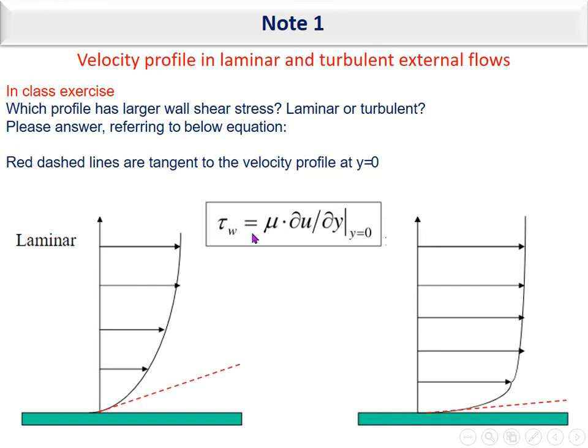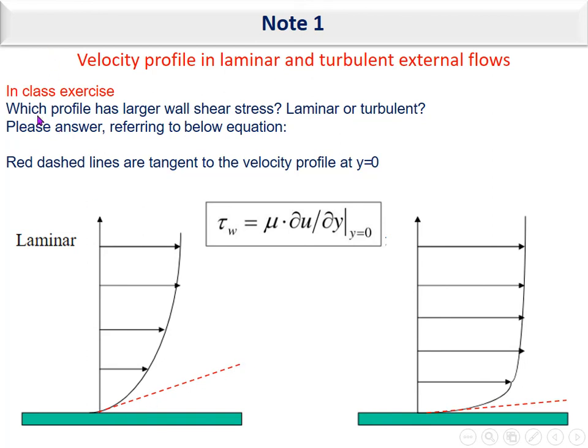This is the Newton law of viscosity. Tau, or shear stress at the wall, is mu multiplied by round u over round y at y equals 0. What is the meaning of y equals 0? It means at the surface. The red dashed lines are tangent to the velocity profile at y equals 0.